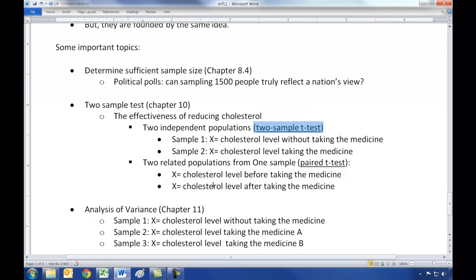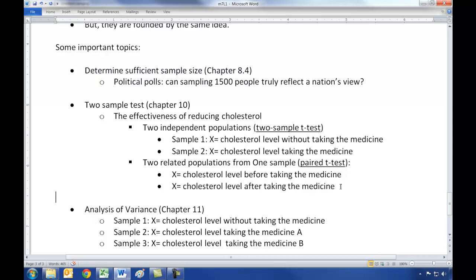A slightly different approach is to use only one sample. I will measure the cholesterol level for each subject before they have taken the medicine. And then after administering the medicine, I can take another measurement of the same person after they have taken the medicine.